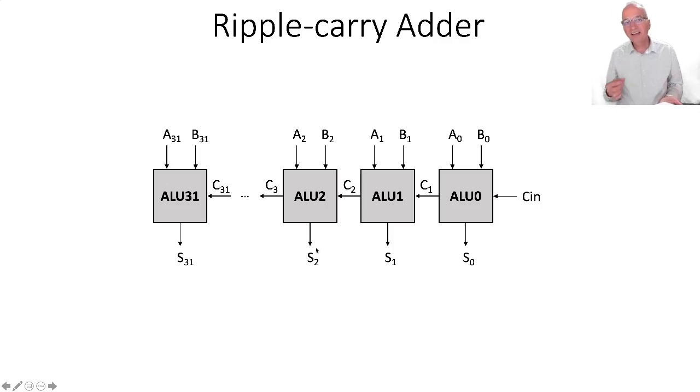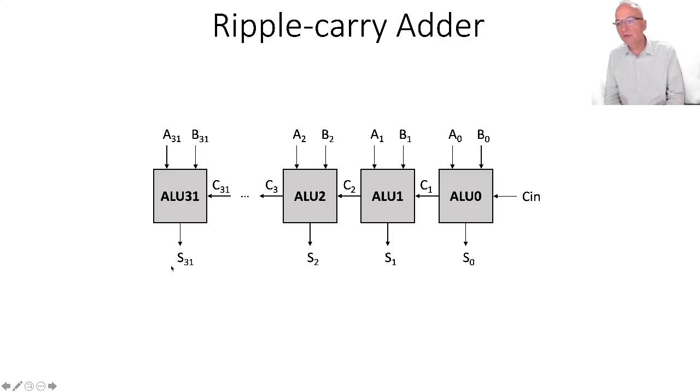So it would take 32 units of time for me to obtain my 32-bit sum here, because I need to wait for the longest path. The longest path will be for this carry in to propagate all the way through the 32 bits to get to this S31.